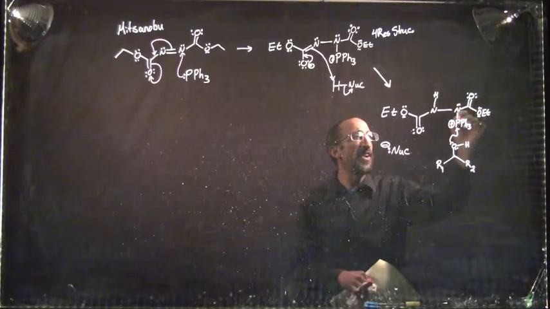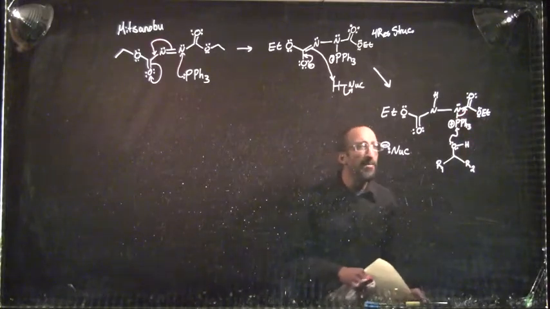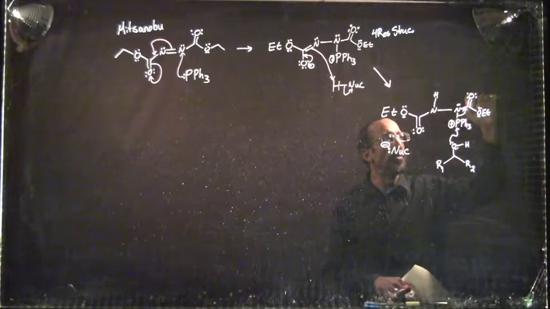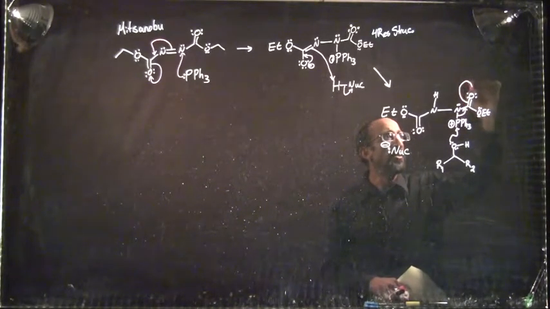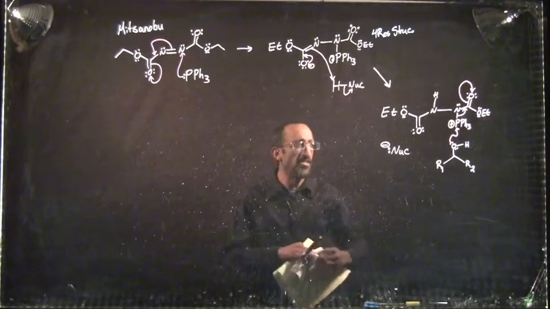It's going to break that phosphorus-nitrogen bond, going bond to bond, generating a pi bond between the nitrogen and the carbonyl carbon, which forces us to break a pi bond between the carbonyl carbon and that oxygen to put a lone pair on oxygen.